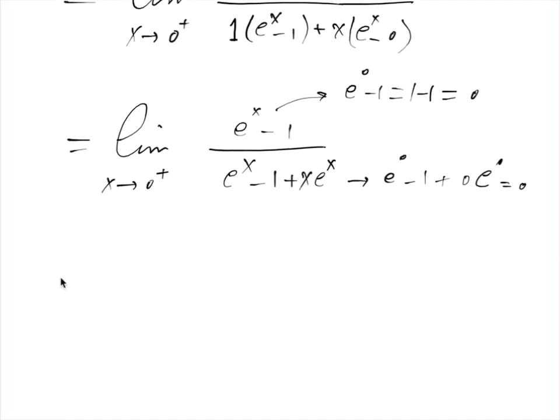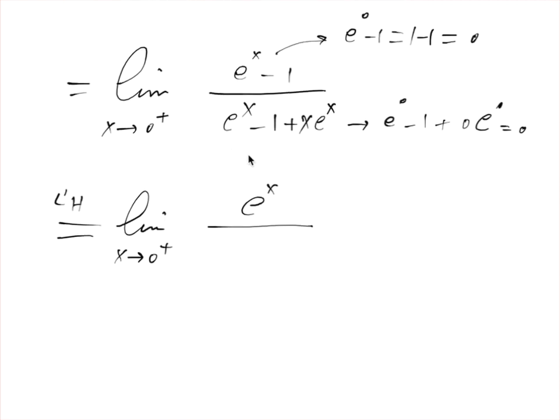So that means we can apply L'Hopital's rule again. Sometimes you have to apply L'Hopital's rule more than once until we no longer have 0 over 0 or infinity over infinity, until we can find the limit in an elementary way. Derivative of the numerator is just e to the x, because derivative of minus 1 is 0.